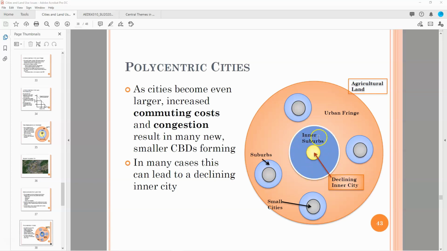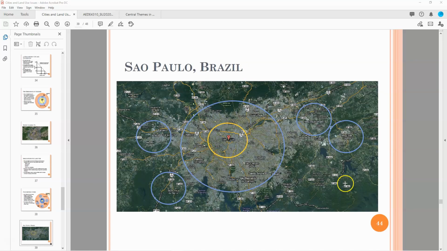However, when the city is getting bigger and bigger, there are more smaller CBDs around this original CBD. And in many cases, this can lead to a decline in the inner city. The yellow circle just shows the decline in the inner city.